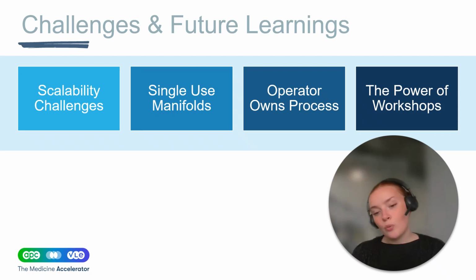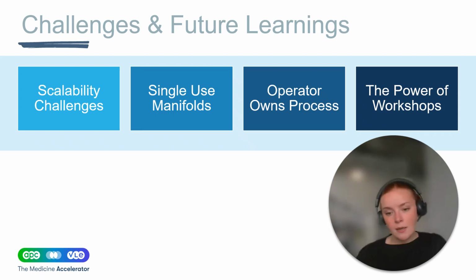What was really important for us was the labeling and qualification of these manifolds, and getting them from suppliers in time and beating supplier lead times, because this project was done during the COVID pandemic and getting single-use bags and manifolds was very, very difficult. So standardization there, in my opinion, is absolutely key to make sure you're getting from the same bucket, and you can place quite large orders with suppliers and get priority.